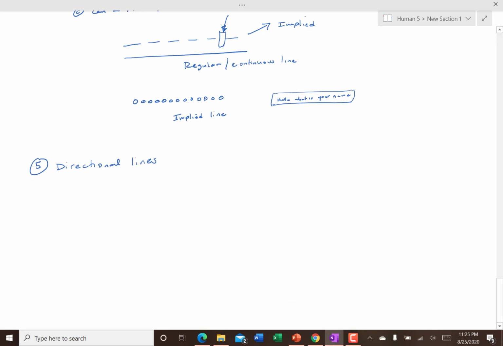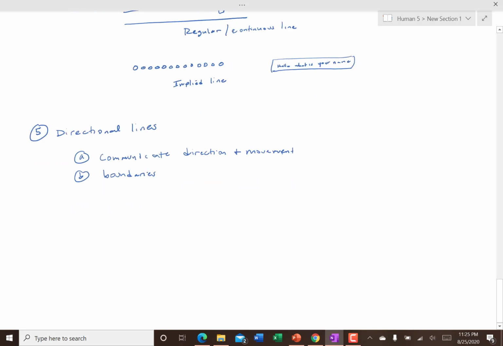Directional lines most often communicate direction and movement. They can also set boundaries. It can give depth.